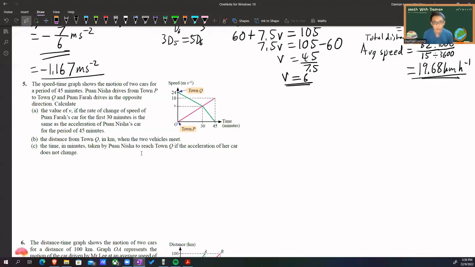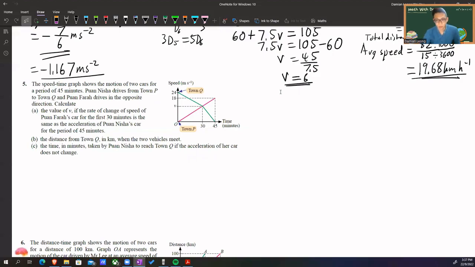The speed against time graph here shows the motion of 2 cars for a period of 45 minutes. Puan Nisha drives from town P to town Q, and Puan Farah drives in the opposite direction. First we want to find the value of V if the rate of change of speed of Puan Farah's car for the first 30 minutes is the same as the acceleration of Puan Nisha's car for the period of 45 minutes.